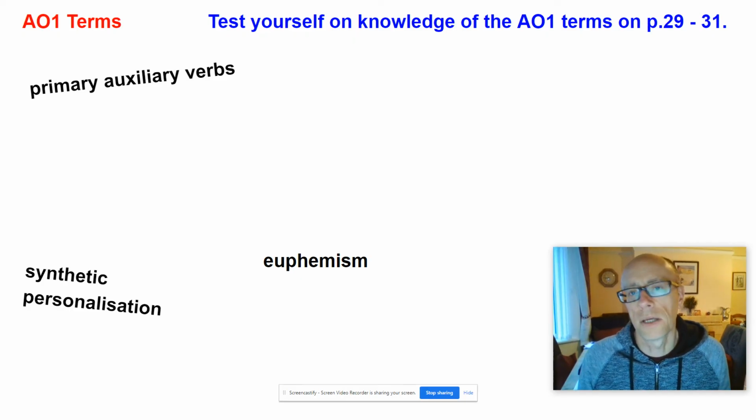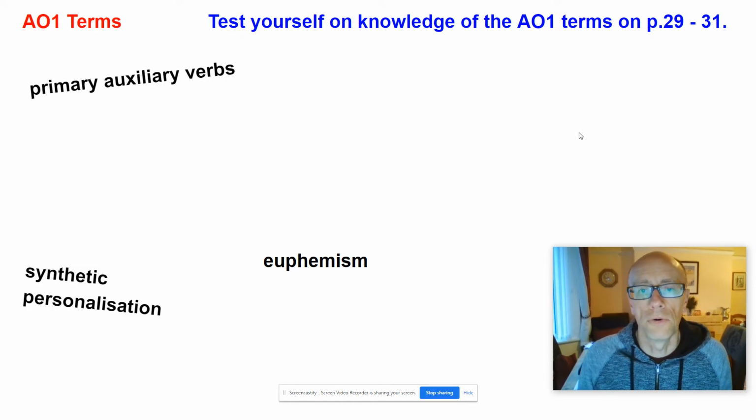So your phone pings and you get a text message from Virgin Media saying, hi, Paul. And you think, who's this? And then you realize that it's actually just an organization that's trying to sell you stuff. So synthetic personalization is using that kind of language in informal ways in order to try and influence you.